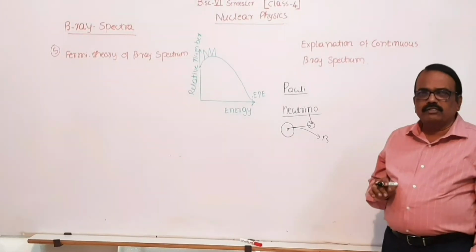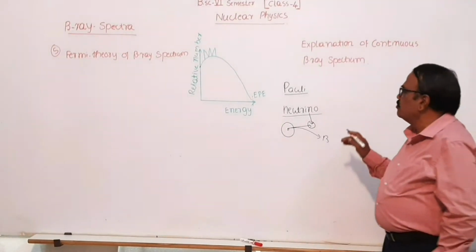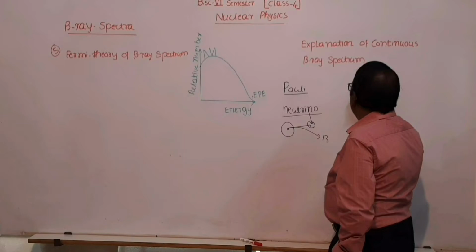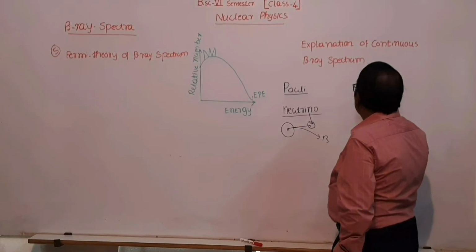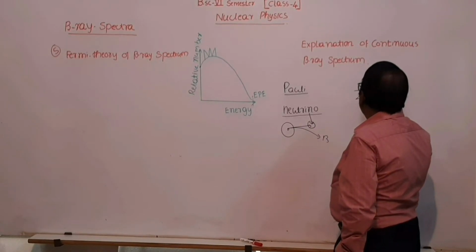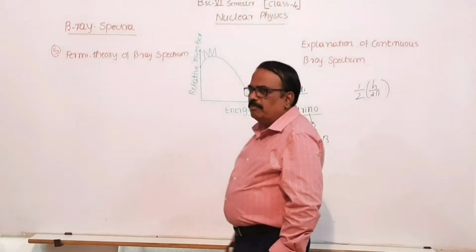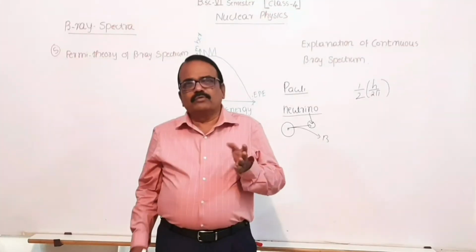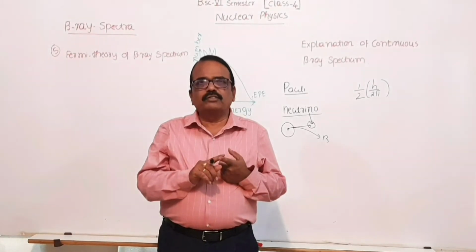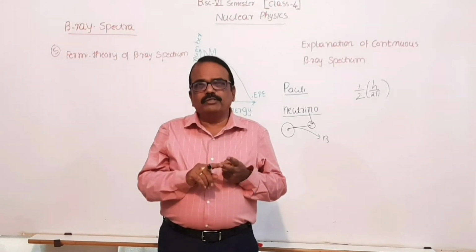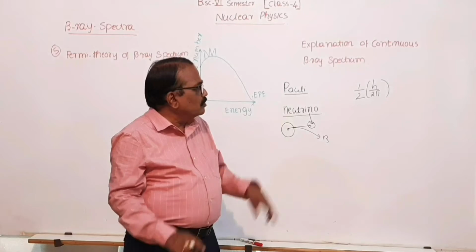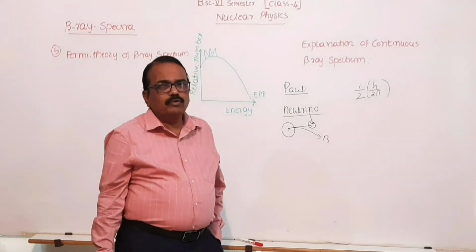Neutrino doesn't have any charge, rest mass is 0, and it has a spin of h upon 2 pi. That means neutrino is one fundamental particle. So it is chargeless, with 0 mass. Only it has got half h upon 2 pi.